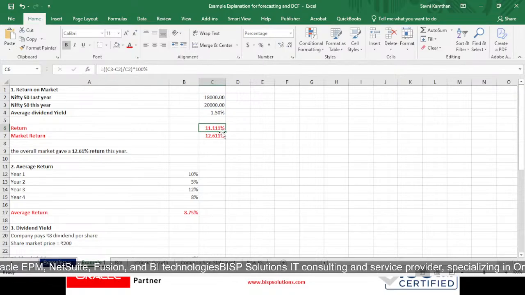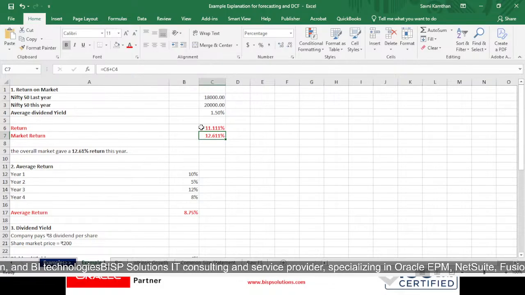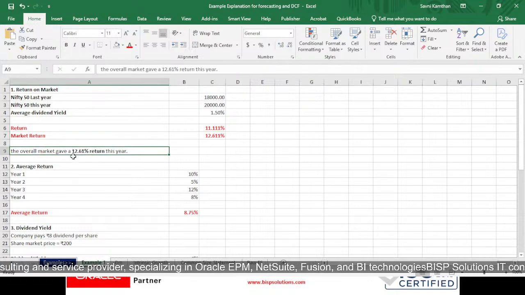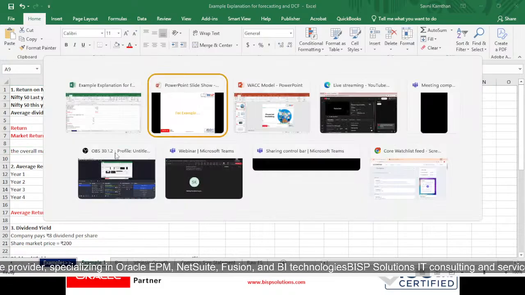Then we will be getting 11.111 percent. And if we calculate our market return, it is this return plus average dividend yield, which gives us 12.611. So the overall market gave us a 12.61 percent return this year, right?